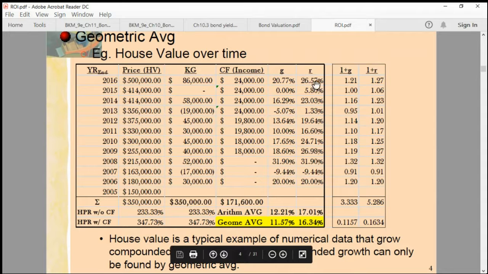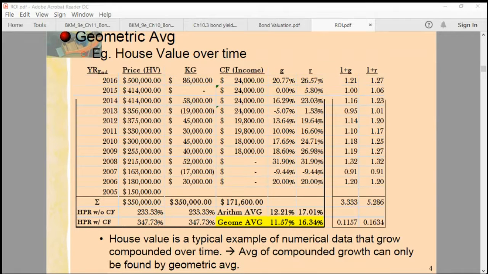But from year 4, you see clearly there's a difference between just the growth rate and a return. And if you take the geometric average of this, that's called yield. Okay. So that's the difference between growth rate and yield.